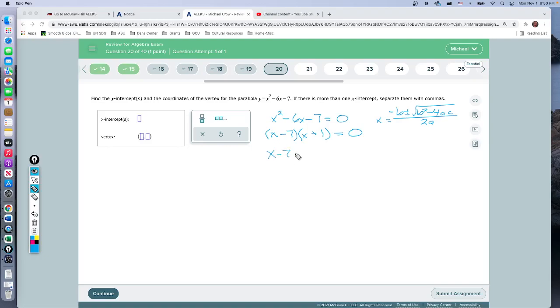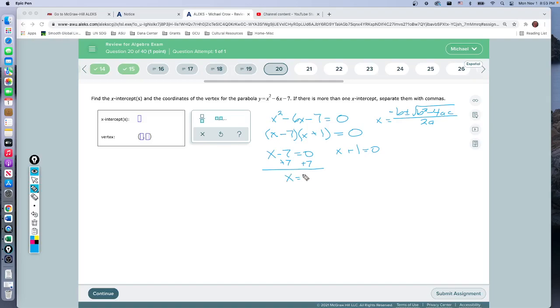Then we set each of these equal to 0, because we're multiplying two numbers, x minus 7 times x plus 1, so one of them has to be 0. That's the only way you can end up with 0. You might notice you always get the opposite sign. With negative 7 here, you add 7 to both sides.